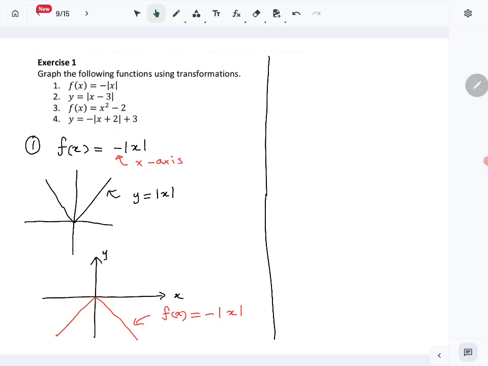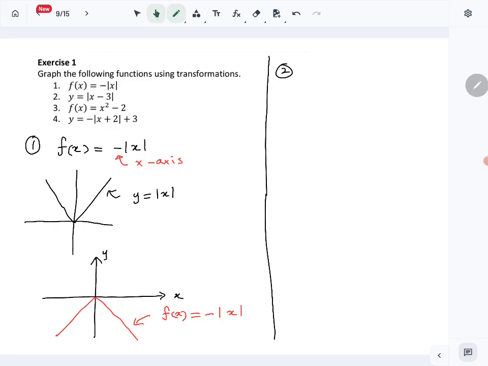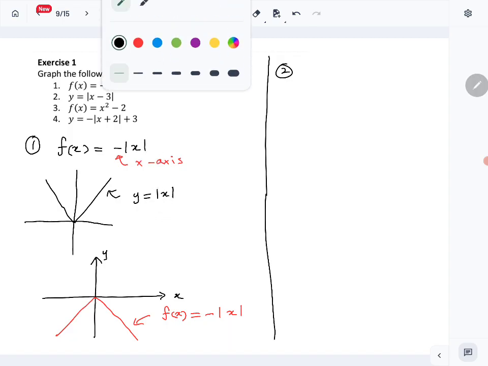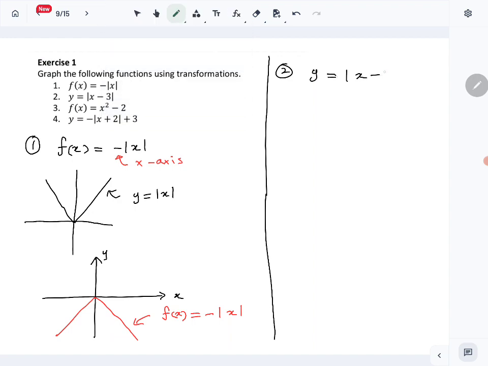Right. So then second one, what is the parent curve? Again the parent curve is the absolute value function curve. We have applied some kind of transformation to that. So recognize the transformation. What has happened? Minus 3 inside, not outside. If it is outside, you go up or down. But this is inside. Inside means what?